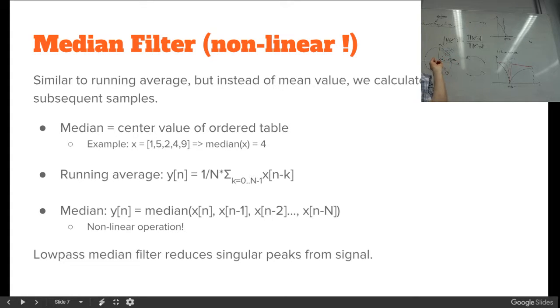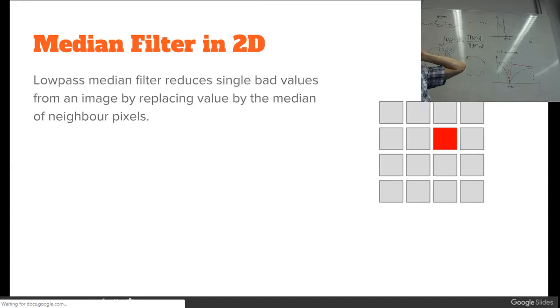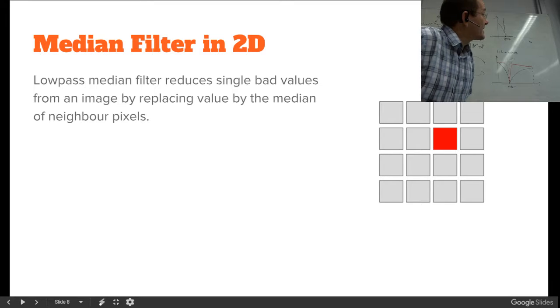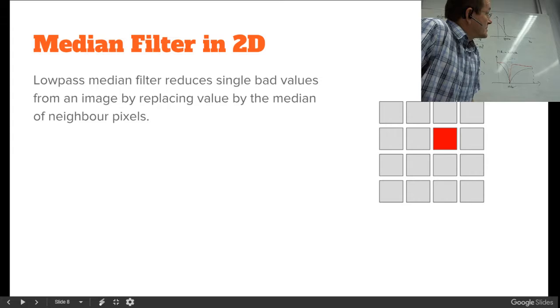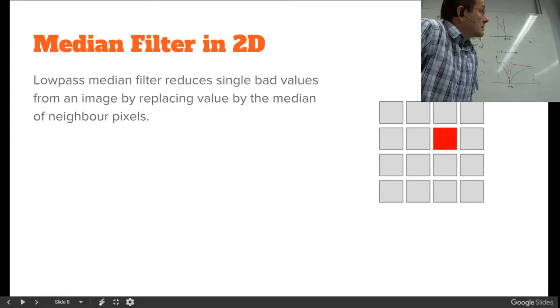So if you have data with singular peaks, then this as the first filter, pre-filtering for some linear filter, would work just fine. And there's the image median filter, a low pass median filter. If you have a single bad value on an image, you have a dead pixel on your camera.